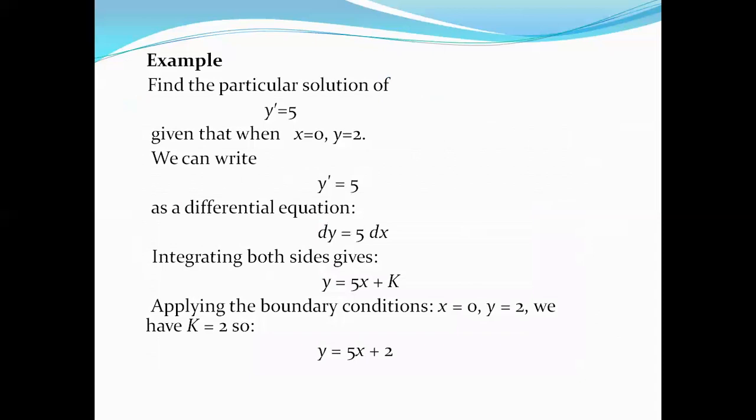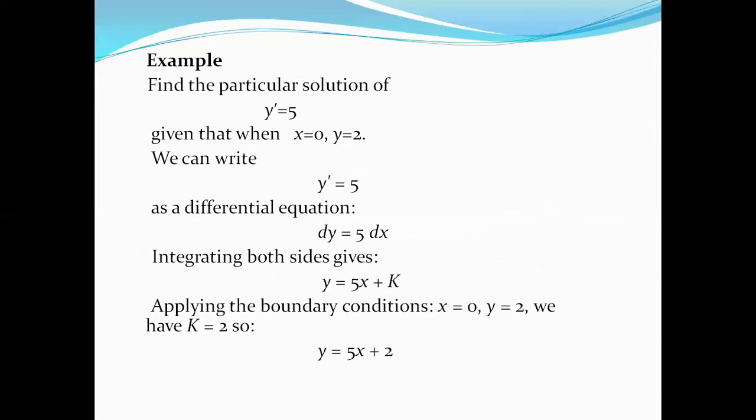Now another example. Find the particular solution of y dash is equal to 5, given that when x is equal to 0, y is equal to 2. So now the solution. We can write y dash is equal to 5 as a differential equation, dy is equal to 5 dx. आपको क्या करना है? सबसे पहले उसको differential equation की फॉर्म में लिखना है, means dy is equal to 5 dx.